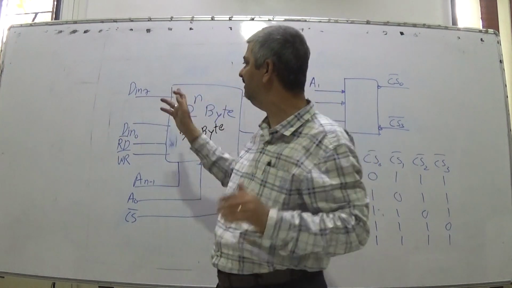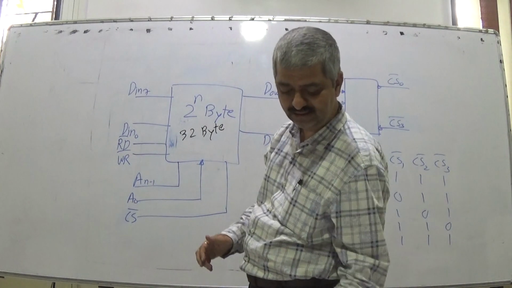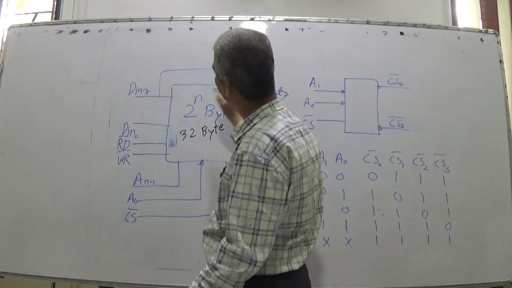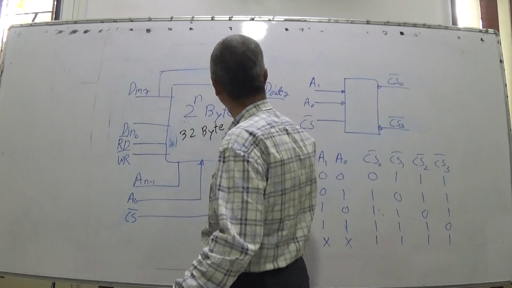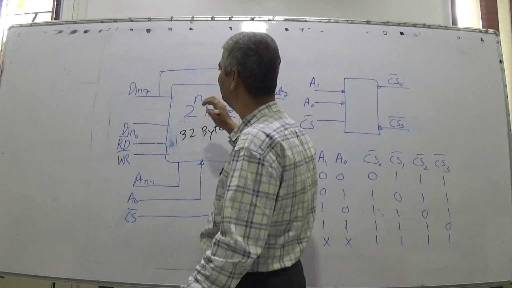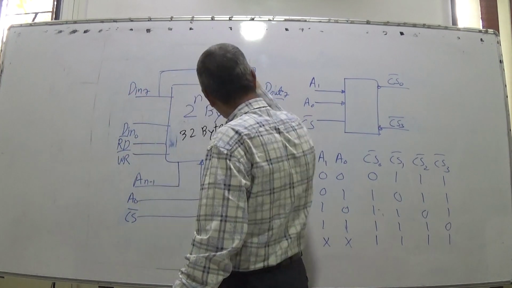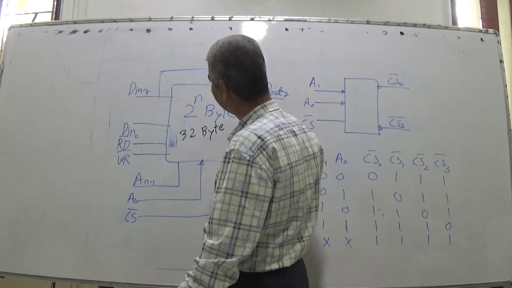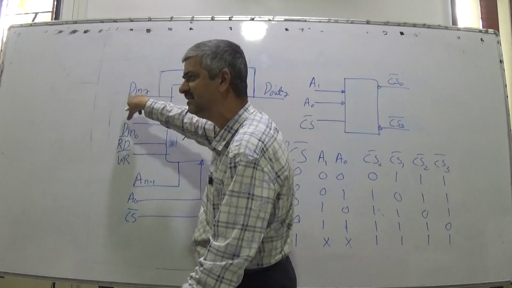So data in and data out lines can be combined, means D in 7 can be combined with D out 7. So if you want to write, even if that comes here and this goes here, there is no problem because the switch inside here is disconnected. So somebody puts here is also coming here, no problem. When I am reading this device, it will come here. That time the person who is putting would have this internal circuit.